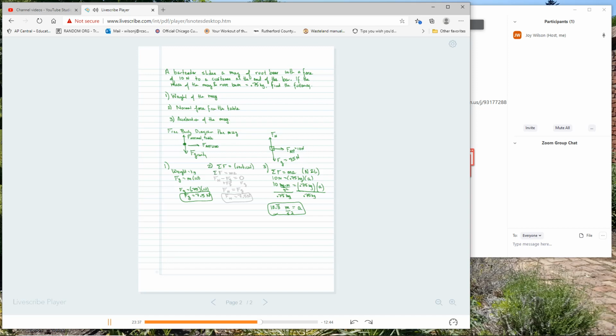So acceleration is 0. If I don't accelerate up or down, what does that mean about my two forces? If I add force gravity to both sides, I get force normal equals force gravity, so it also is 7.5 newtons.